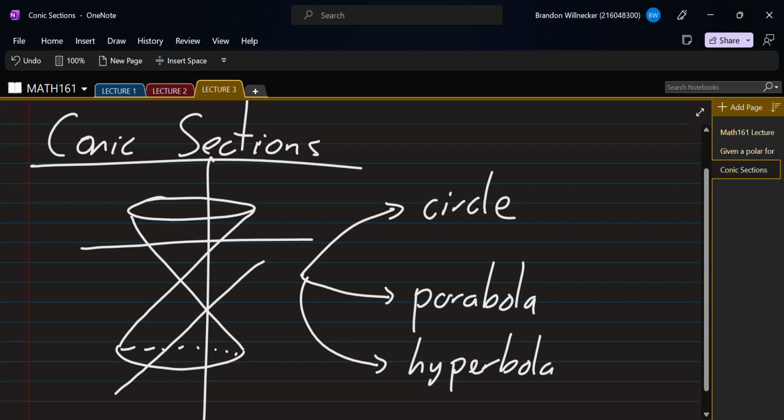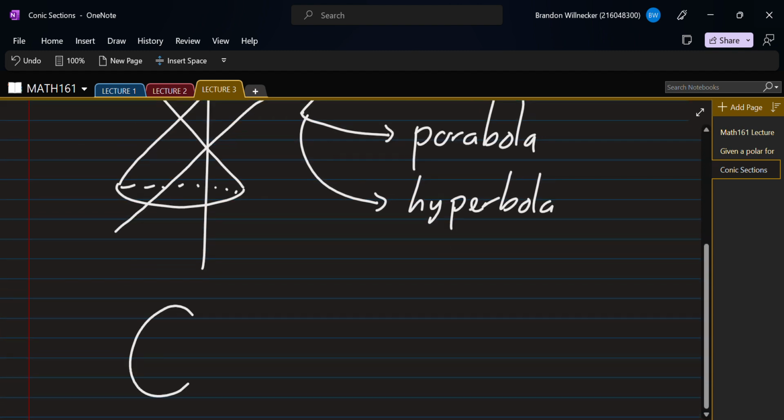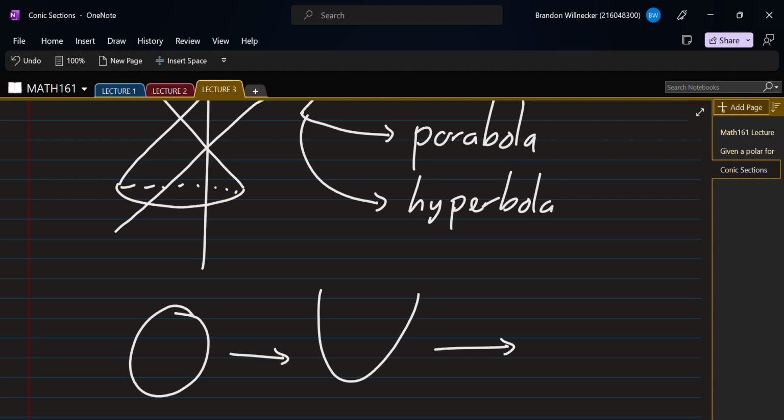The idea of conic sections is to take these three different shapes and unify them in some way. Instead of treating them separately, we're going to have a way of treating all of them the same. The circle and the parabola and the hyperbola, with the asymptotes like this, we'll see that these are just three variations on the same thing.